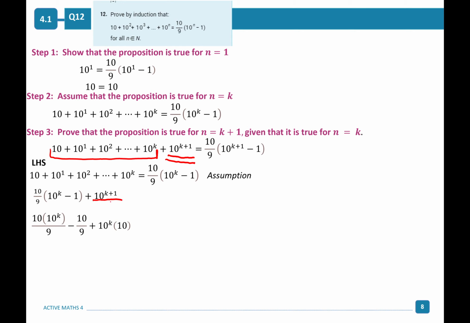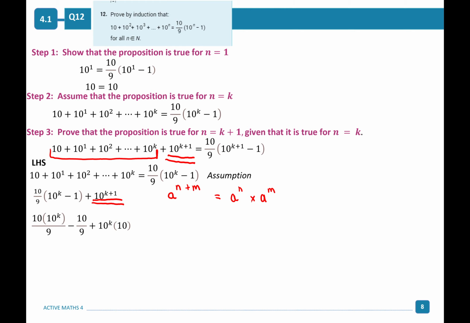And then we can separate out our exponent using our exponent rules, which are found on page 20 of your log tables. We know that a to the power of n plus m is the same as a to the power of n times a to the power of m.